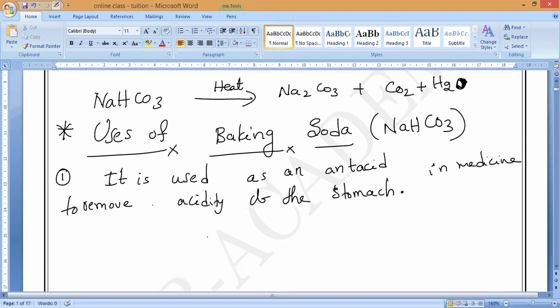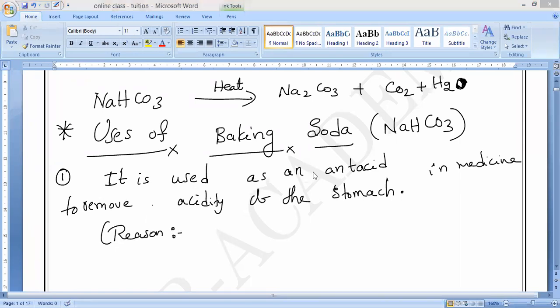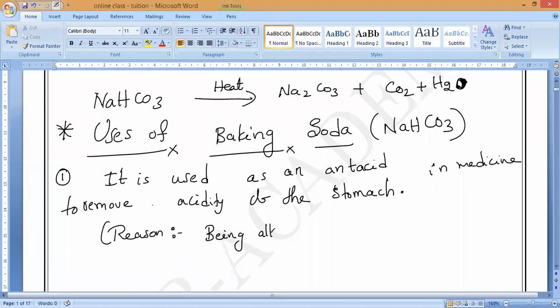Now, why is it used? What is the reason, Pranav? The reason is that hydrochloric acid is produced in the stomach, and to neutralize it we use an alkaline substance.